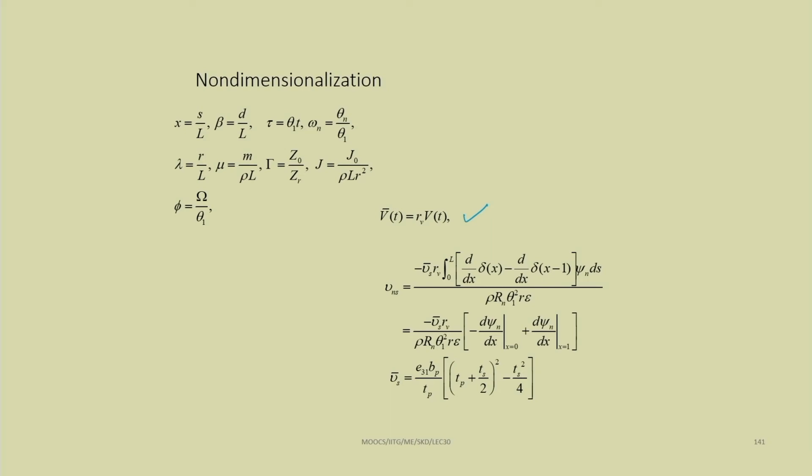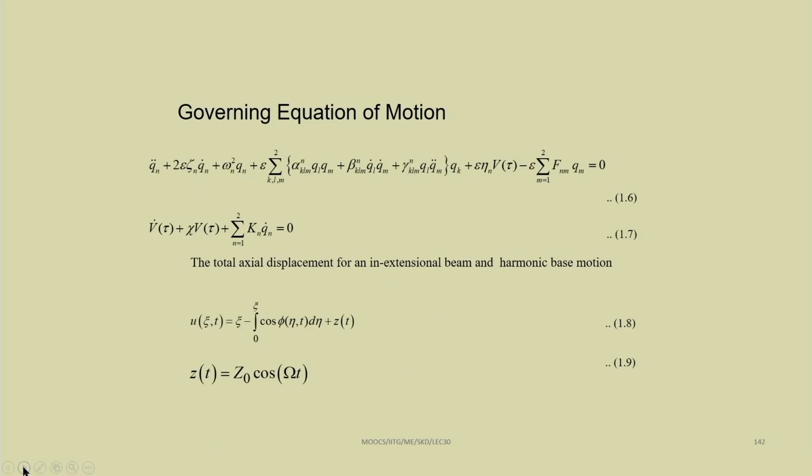Now, by putting all these non-dimensional terms, we can derive the equation of motion, which can be written in its temporal form in this way: q n double dot plus 2 epsilon zeta n q n dot plus omega n square q n plus epsilon k j m.